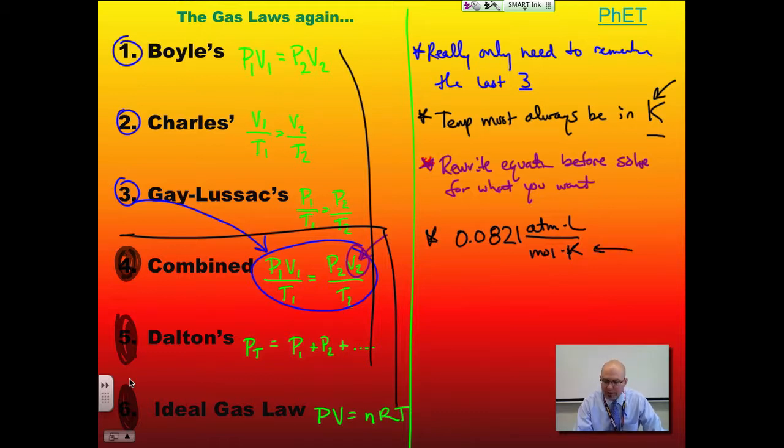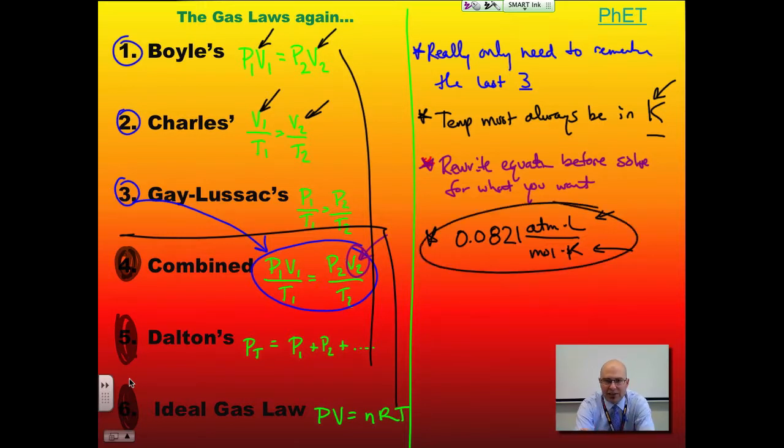Here we must, because the constant tells us that, but I didn't mention we should know that the volume is in liters. You can use volume in milliliters in your other laws, as long as they're the same. If V1 is in milliliters and V2 is in milliliters, they'll cancel. You can't use milliliters in the ideal gas law because the constant has liters in it.